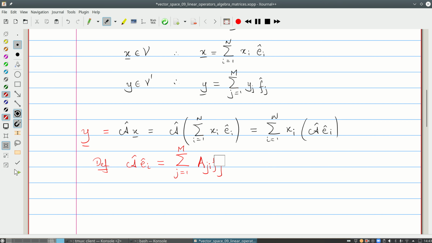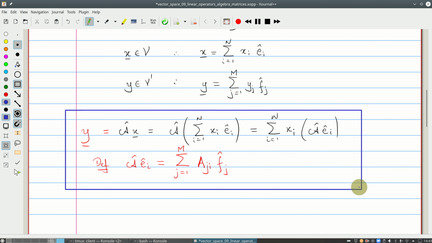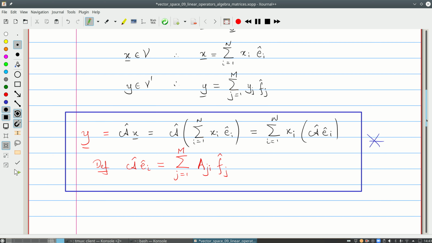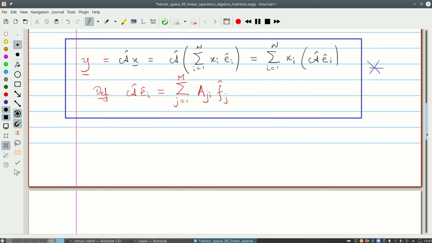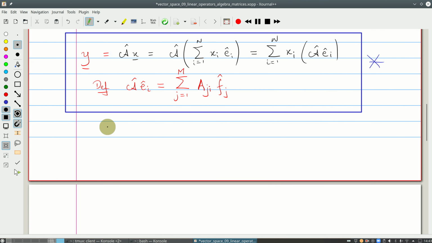Let me just put some more space between these two. And this is quite an important definition, so let's give it a box with a star, telling us that we really need that. Alright, so now let's use it.